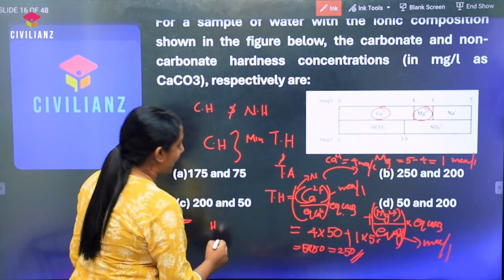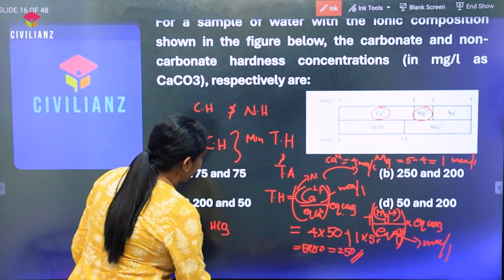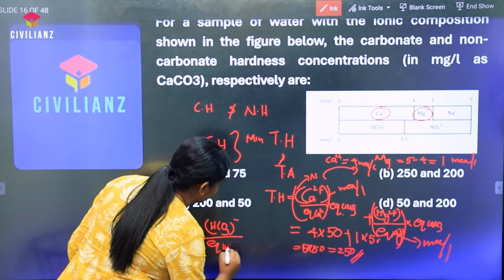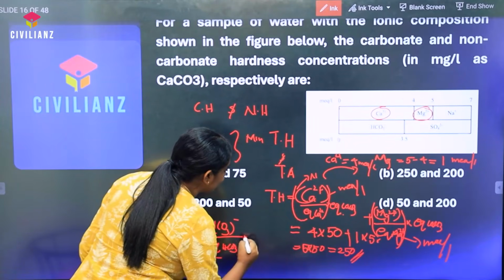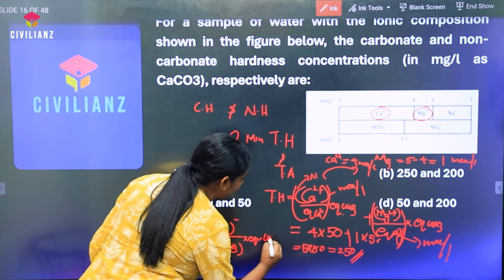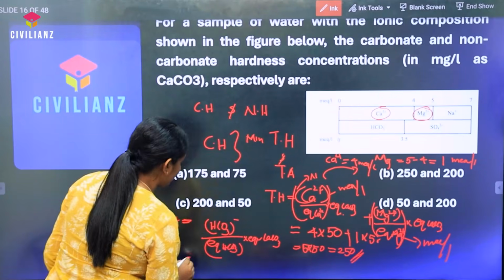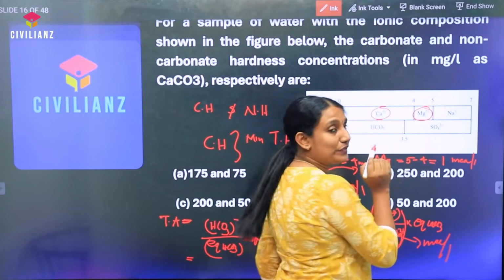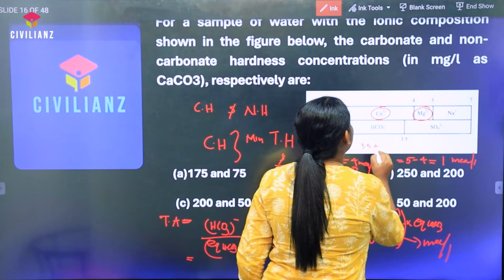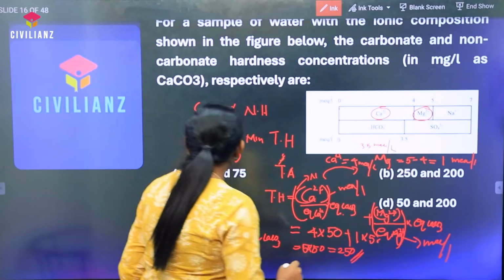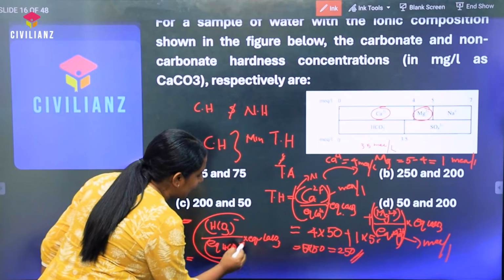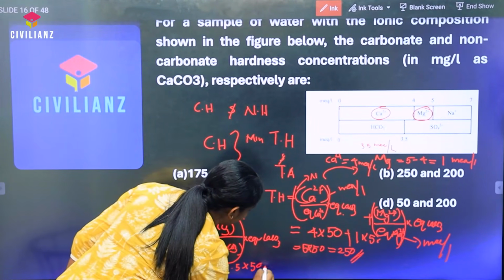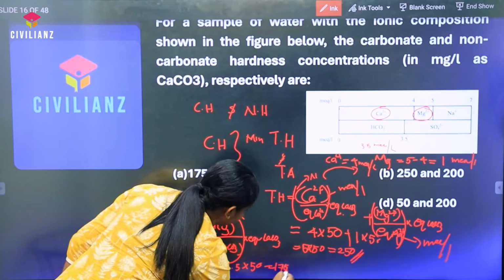The concentration of HCO3 divided by the equivalent weight of HCO3 into the equivalent weight of CaCO3. Then what is the value of HCO3? 0 to 3.5, that's 3.5 milliequivalent per liter. So 3.5 into 50 is equal to 175.